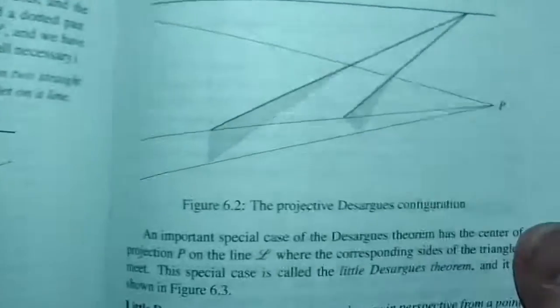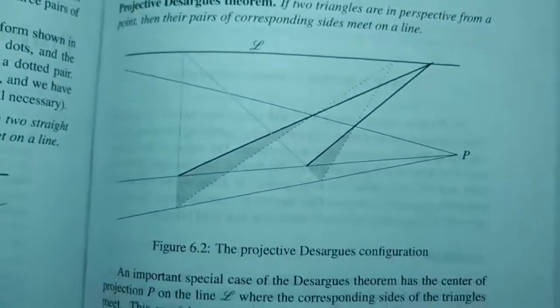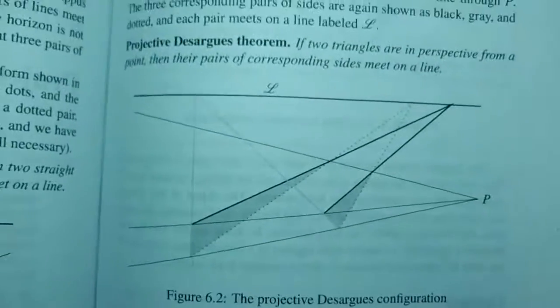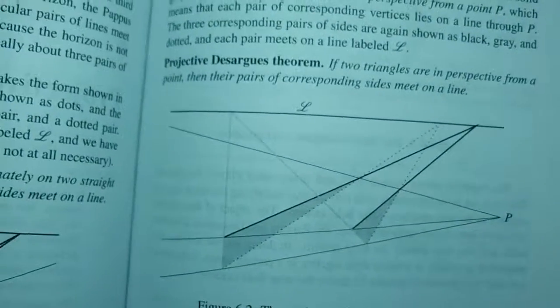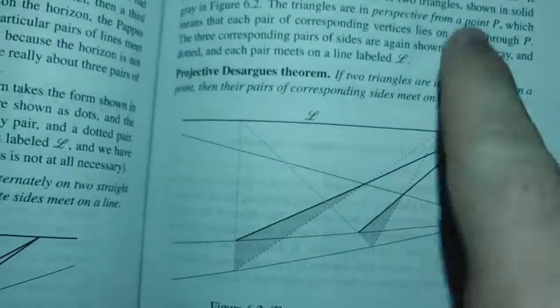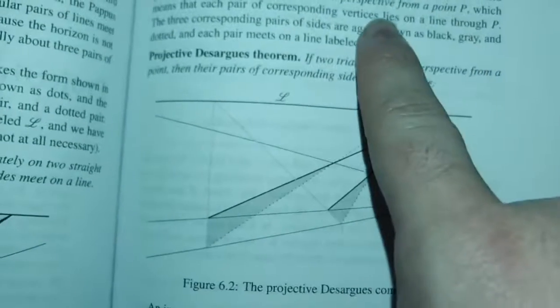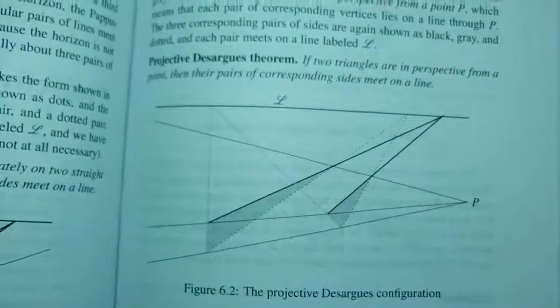Okay, now what about the Desargues theorem? The projective Desargues theorem is similar. The statement is that if you have two triangles that are in perspective, what does that mean? Triangles are in perspective from a point if each pair of corresponding vertices lie on a line through that point.